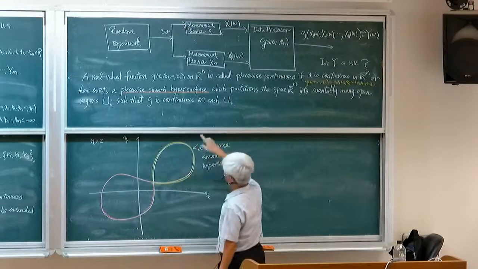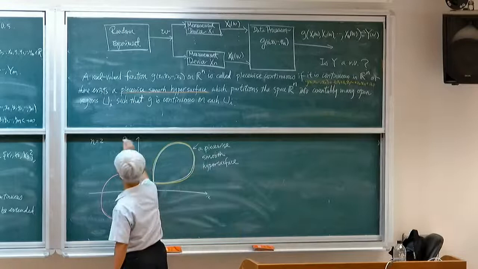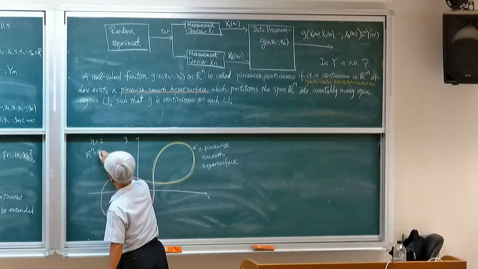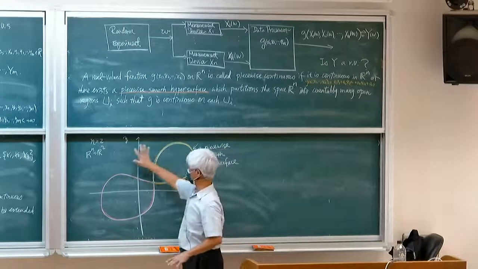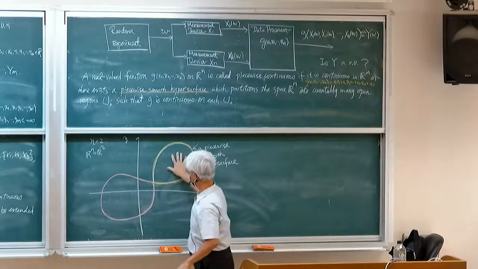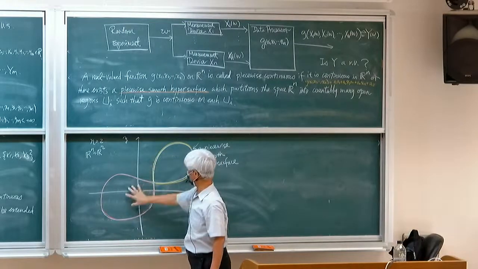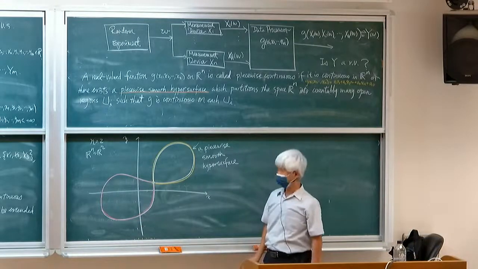Now R2 can be partitioned. The whole plane can be partitioned into three pieces: the first piece, the second piece, and the third piece here.